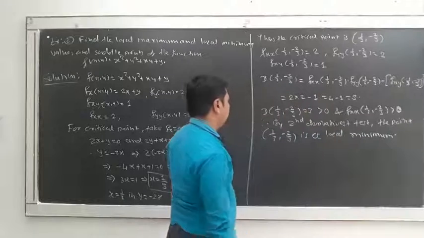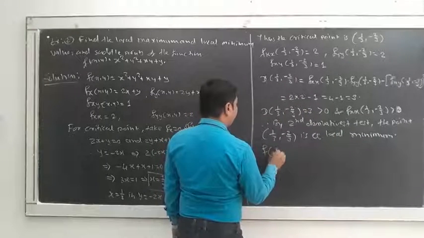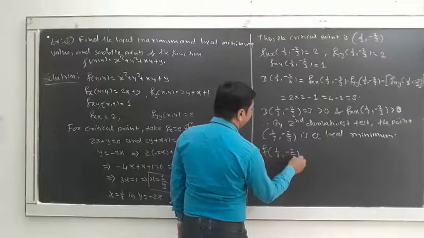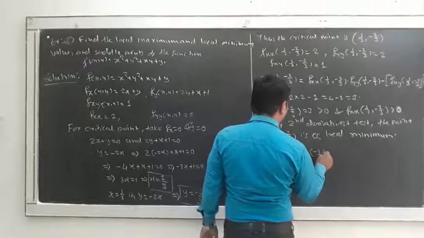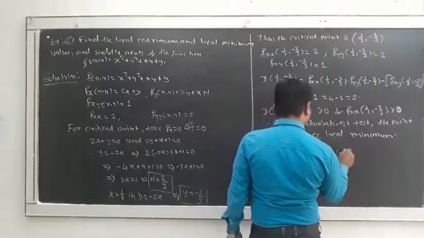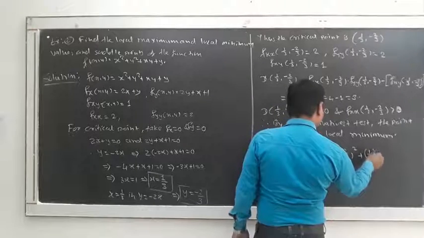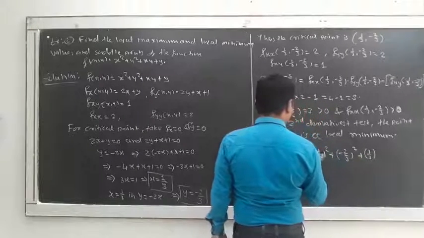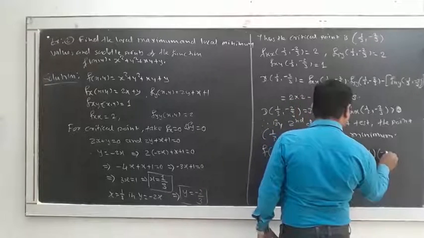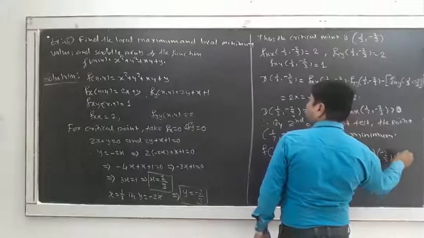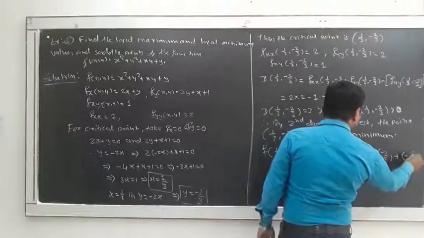And therefore we have to find the value f at 1 by 3, minus 2 by 3. So put in the values: (1 by 3) squared plus (minus 2 by 3) squared plus 1 by 3 into minus 2 by 3 plus 1, and y is again minus 2 by 3.